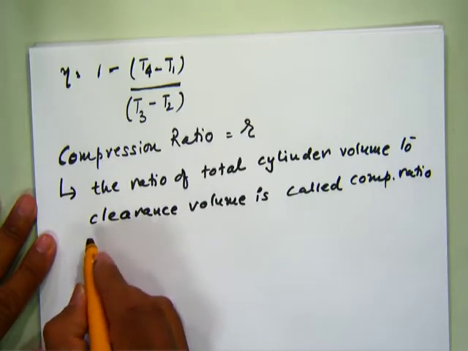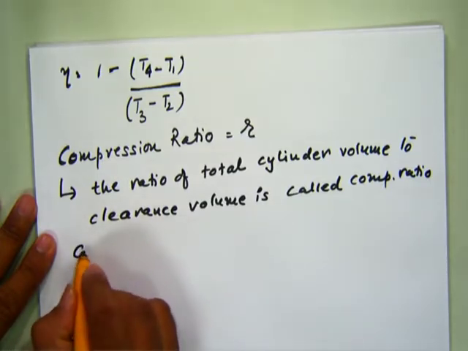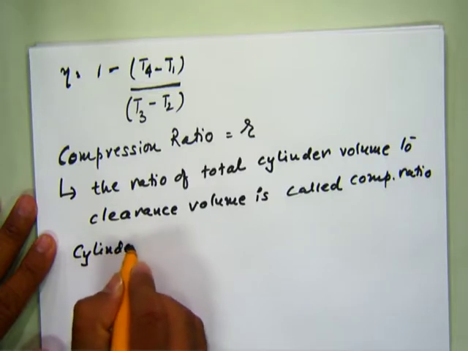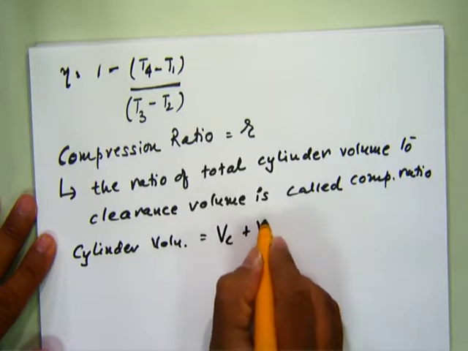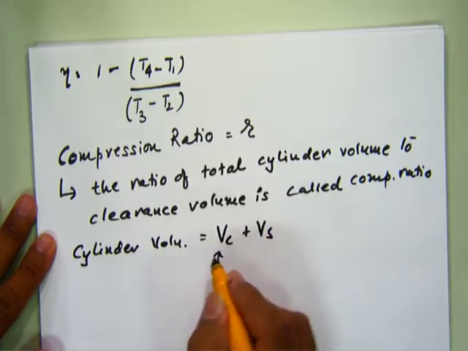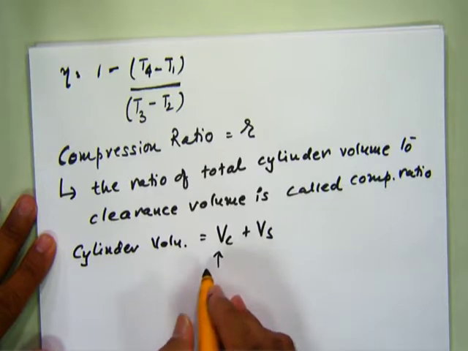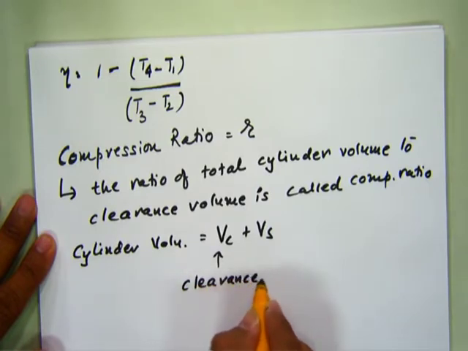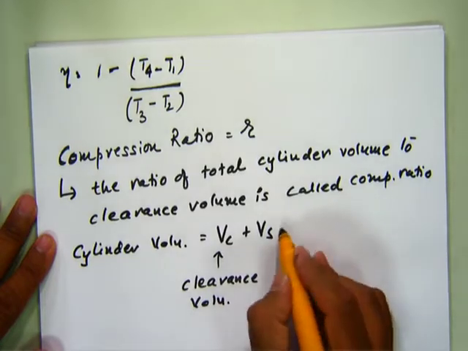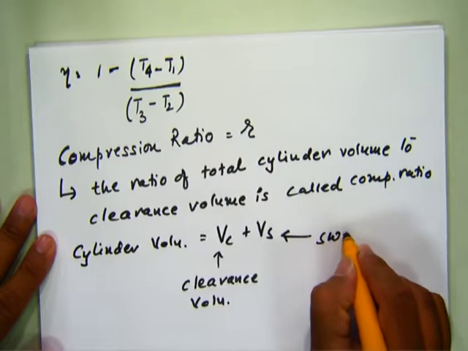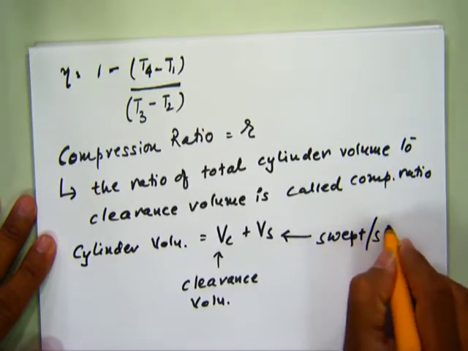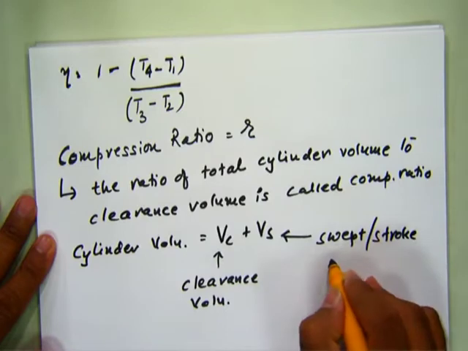So cylinder volume is equal to Vc plus Vs, where Vc is the clearance volume and Vs is the swept volume, or you can say the stroke volume.